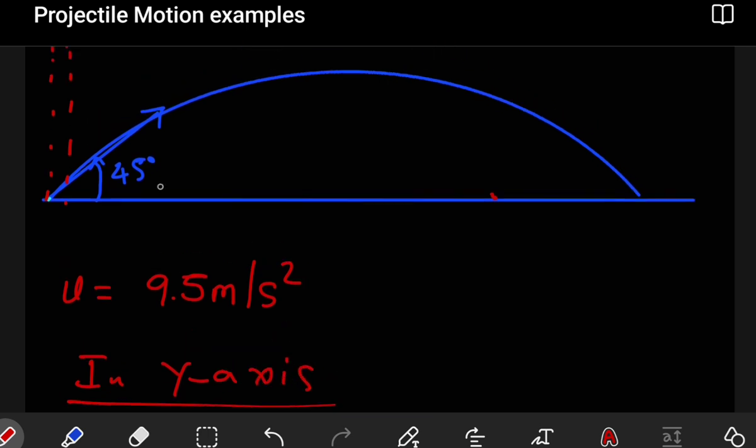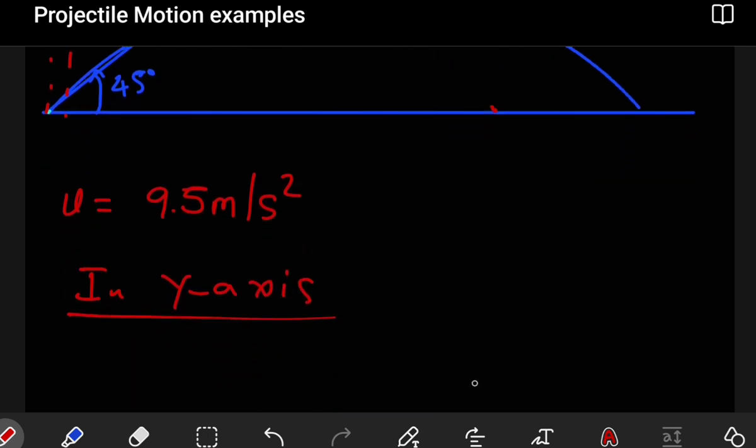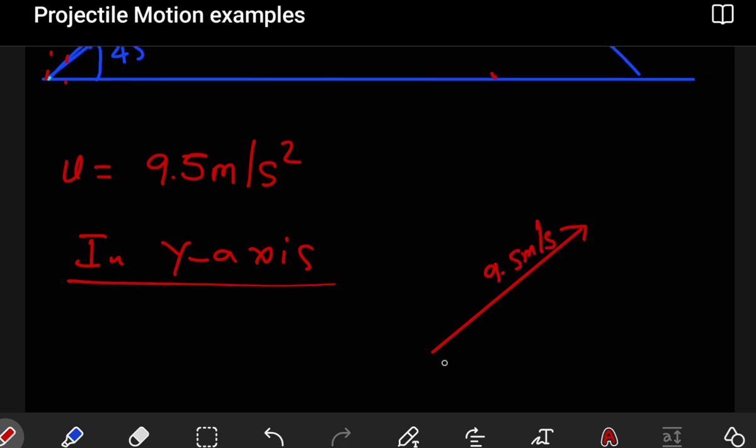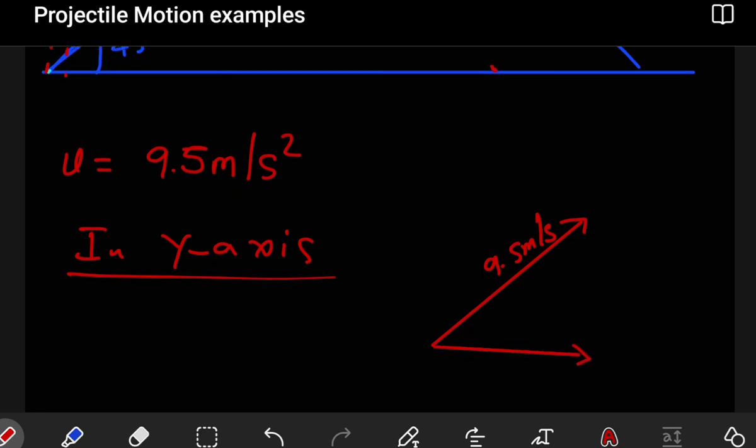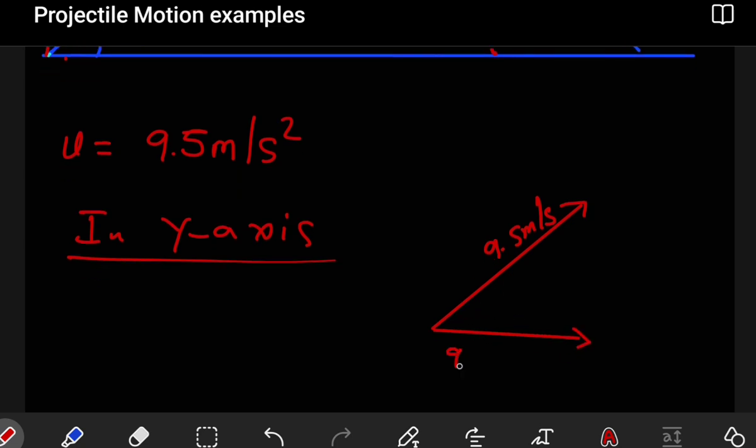In the y-axis, I want to find the vertical component. So in this case, the guy jumps with this velocity, and the velocity here is 9.5 meters per second. I want its components. It will have an x component. Since the launch angle is 45, this will be given by 9.5 cos 45, while the vertical component will be given by 9.5 sine 45.